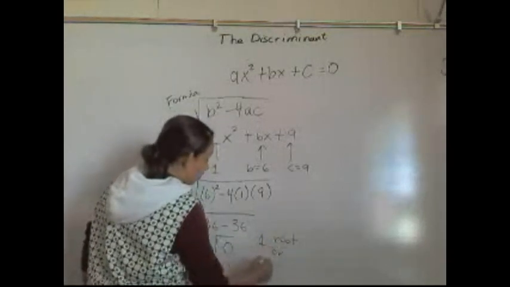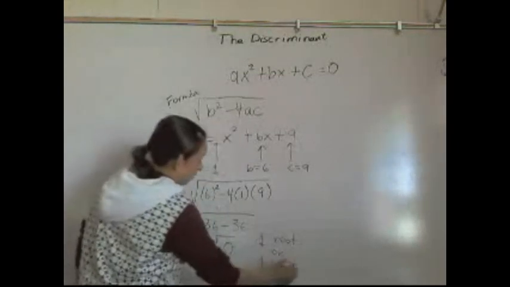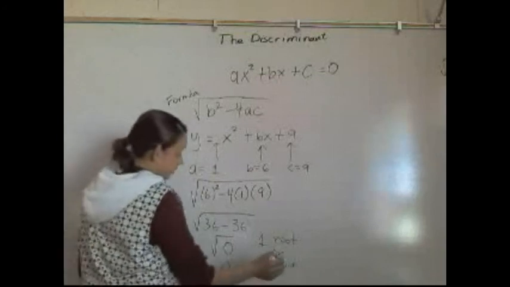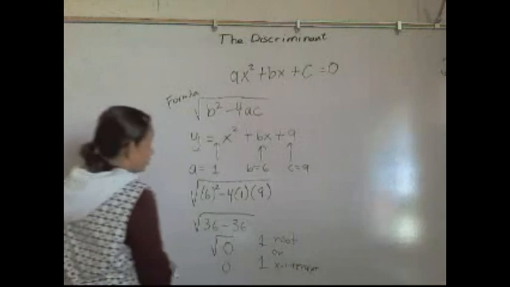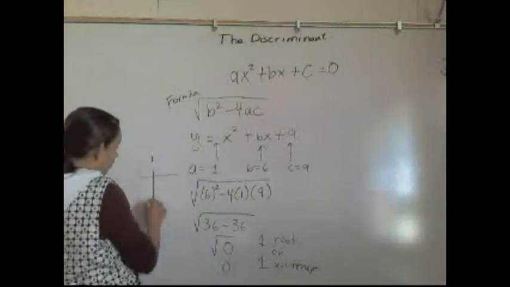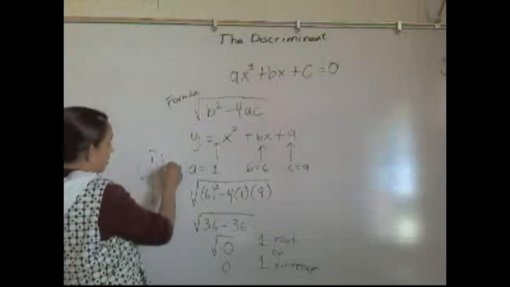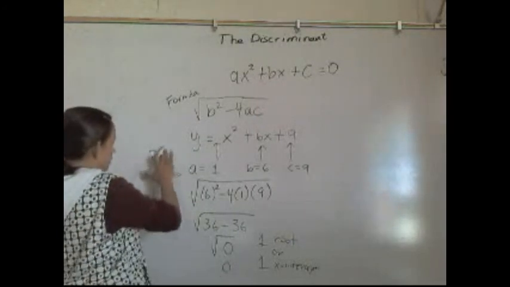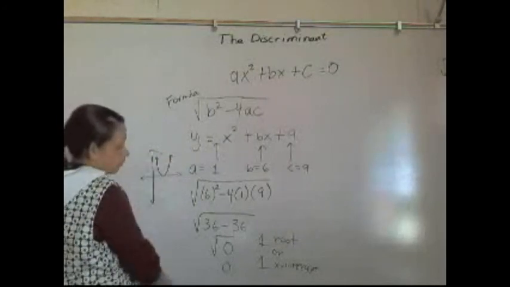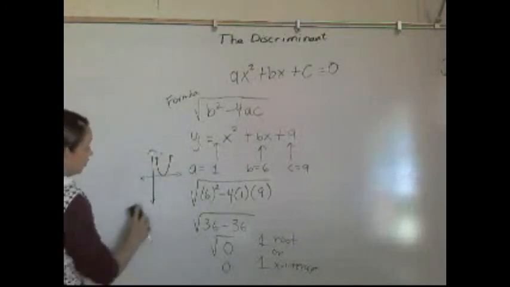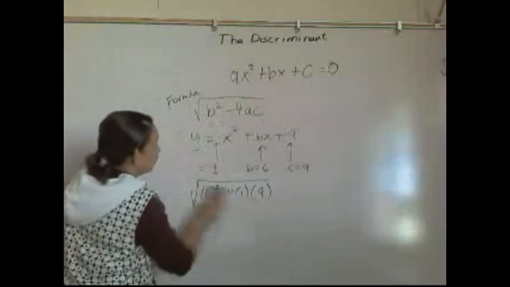So you have 1 root or 1 x-intercept. So this equation, y equals x squared plus 6x plus 9, has one root or one x-intercept. When you graph it, it would touch the x-axis once. Okay? And then we'll be doing more graphing later.